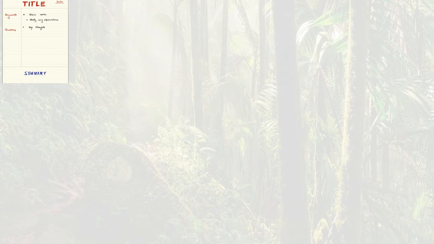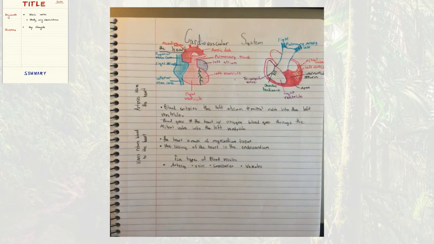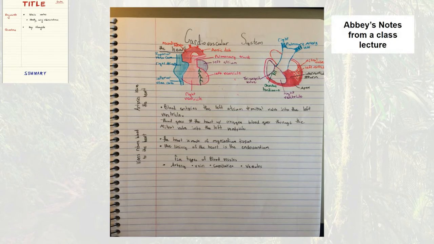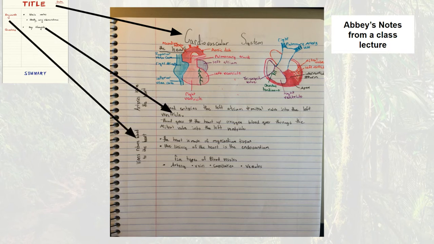Let's look at an example from a college freshman. She is taking an anatomy class. She has what the main idea is about. These are her notes. And she has keywords along the side, and her notes in the middle.